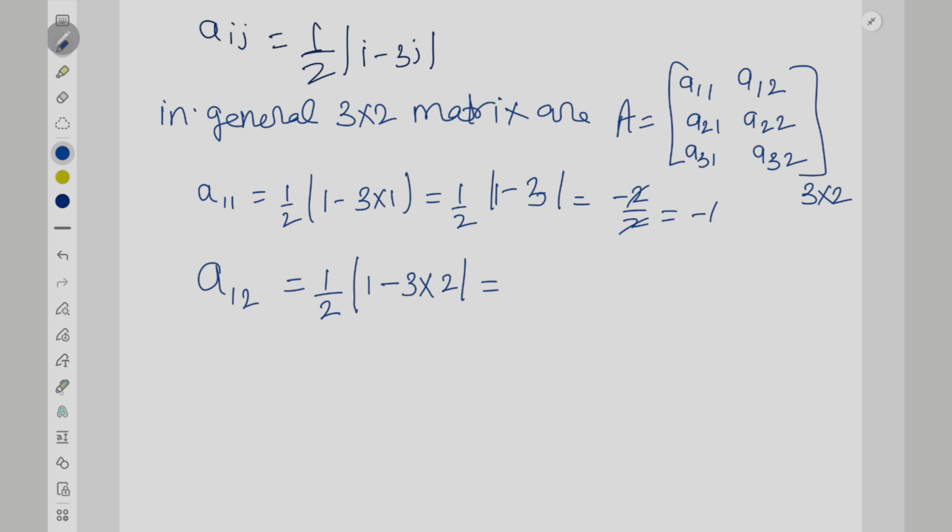Sorry, here is a mistake. This is not a minus, it's a plus, because the modulus of minus 5 is 5. So A12 is 5 by 2.